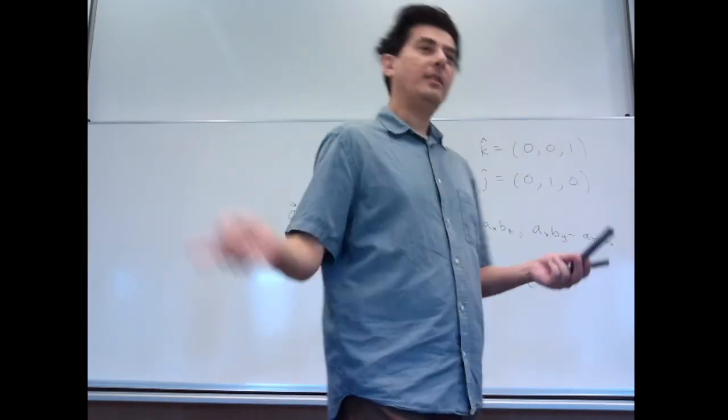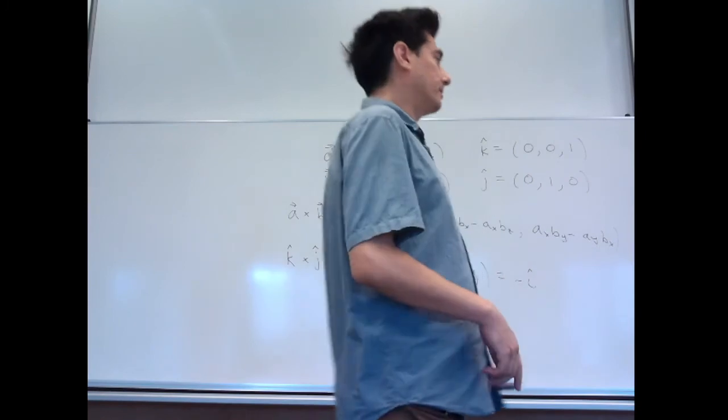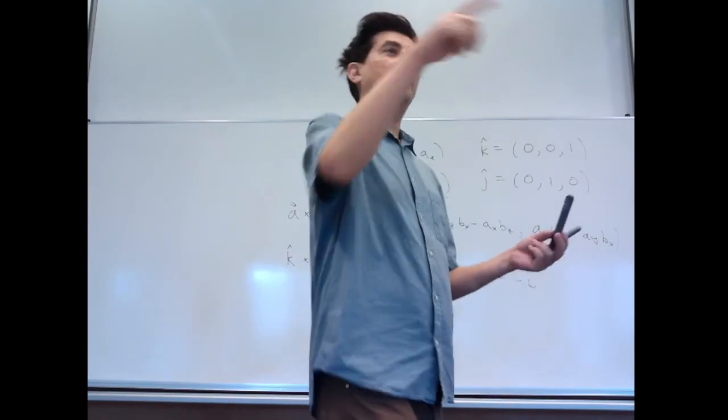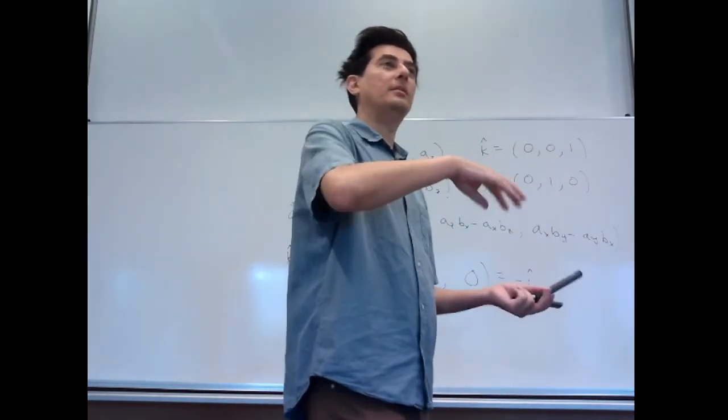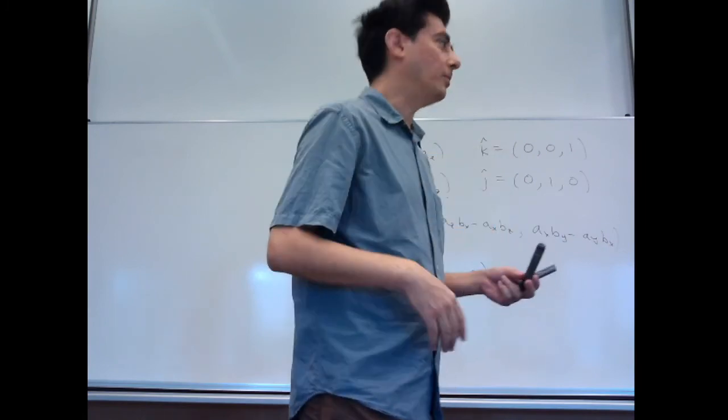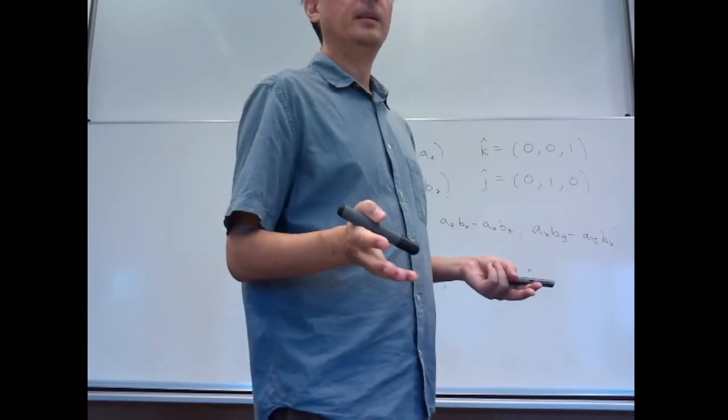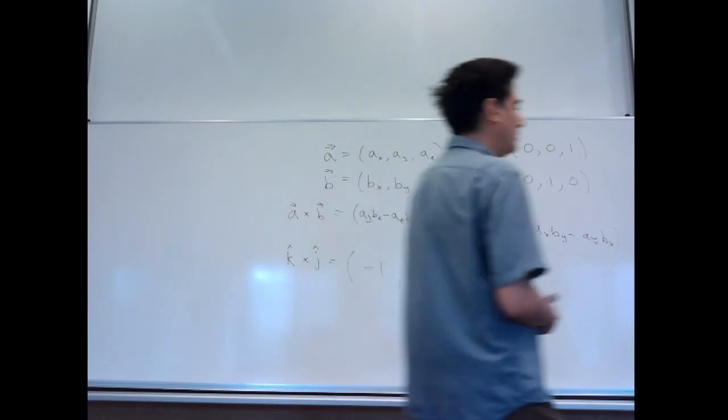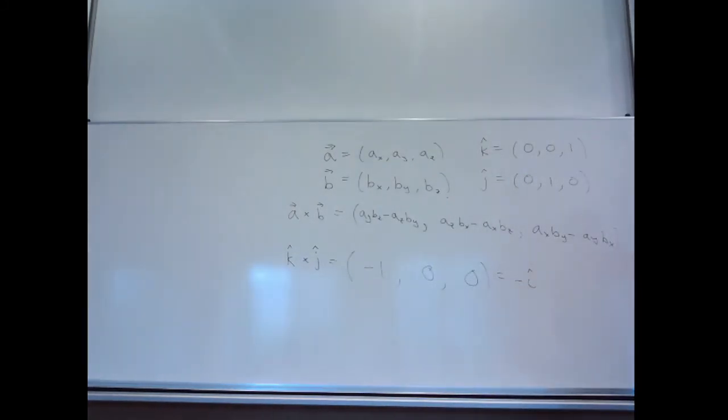If you're going around the wrong way around, so if you're going j times i, for example, that's the reverse alphabetical order, then it will be a minus sign. So j times i will be minus k. j times k, we're going around the correct way in the circle, so it'll be just i, or if it's the reverse order, k times j will be minus i.